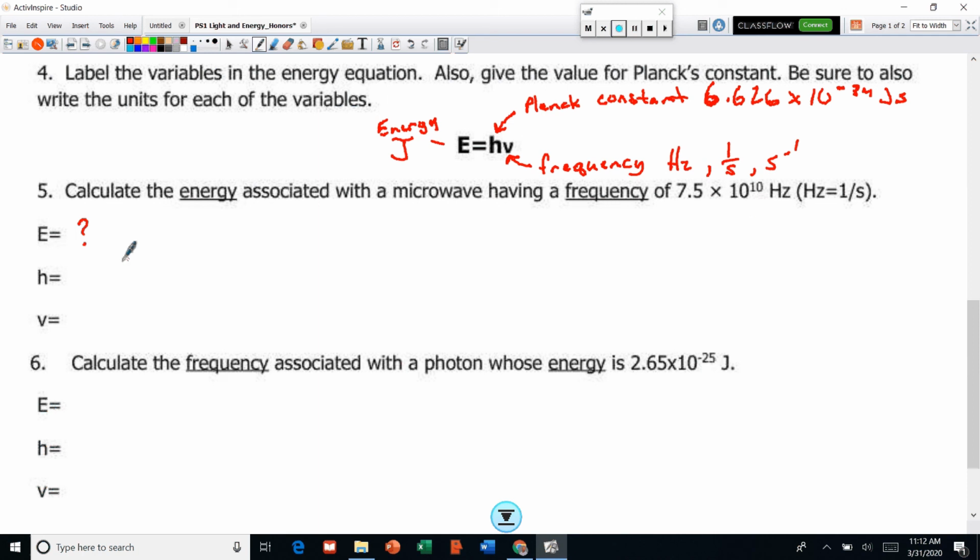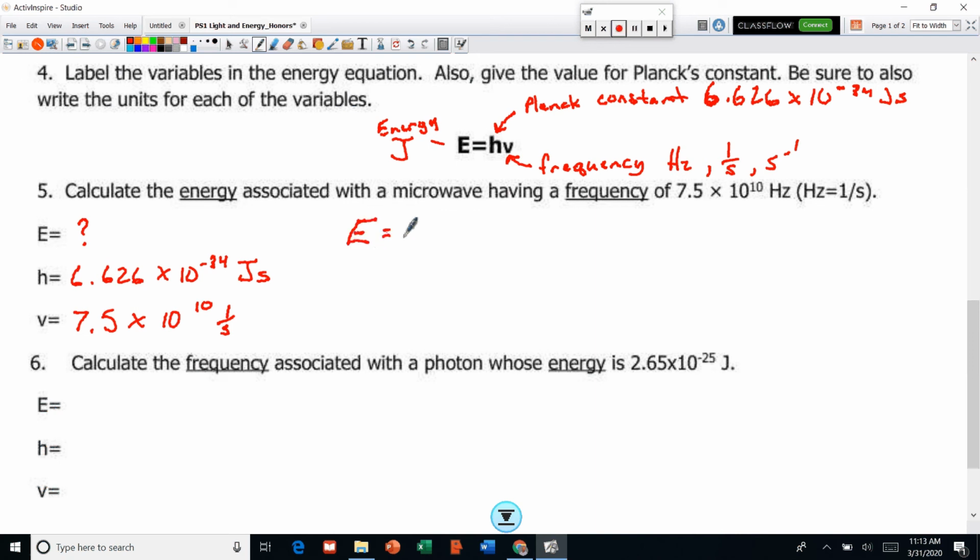All right, so we know Planck's constant is 6.626 times 10 to the negative 34 joule seconds. We know that we are given frequency, 7.5 times 10 to the 10th hertz. And let's go ahead and write this as 1/seconds. All right, so this one we're just going to use the formula as is.